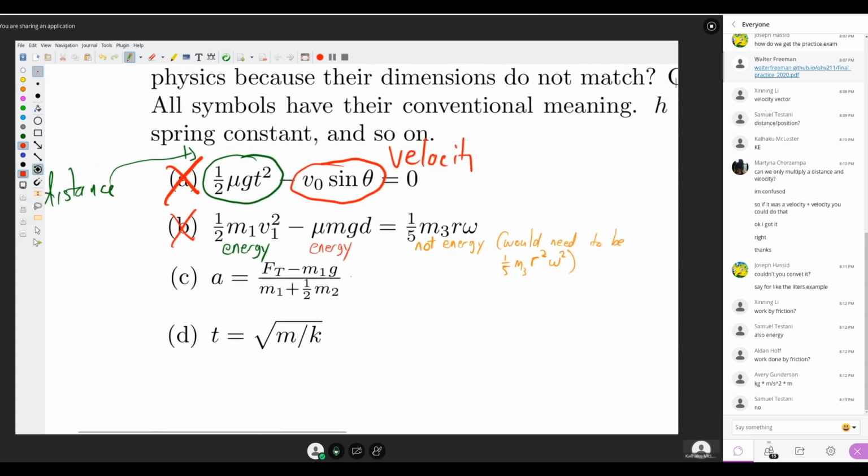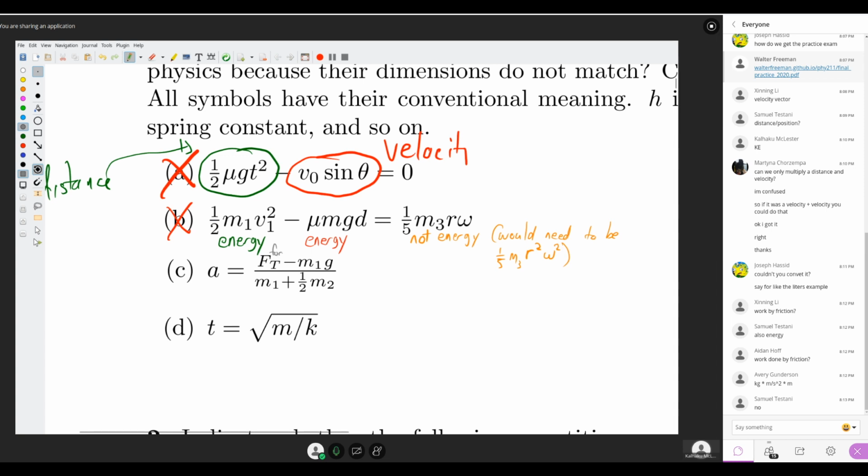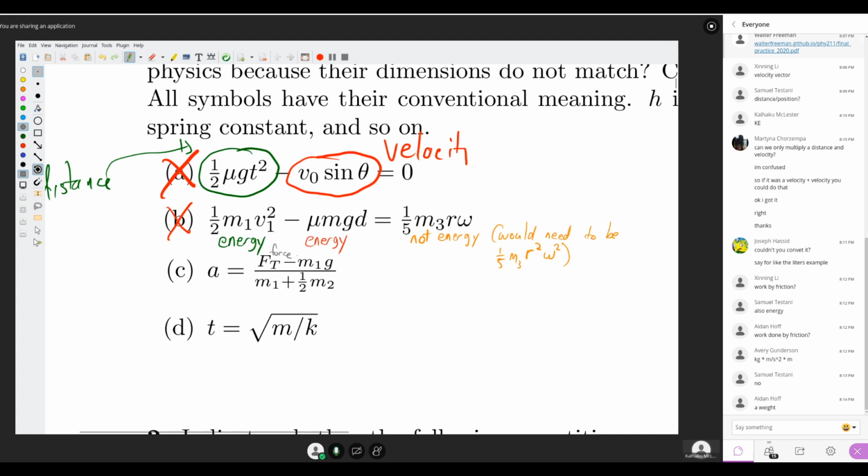Okay, what about C? Tell me about this one. Obviously, this is a force, right? What is M1G? That's a weight. Is weight a force?